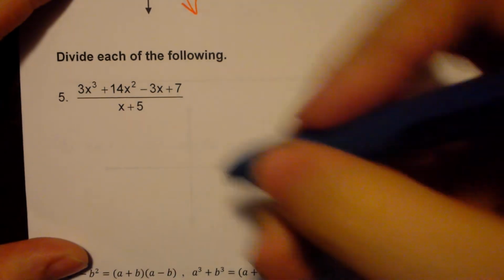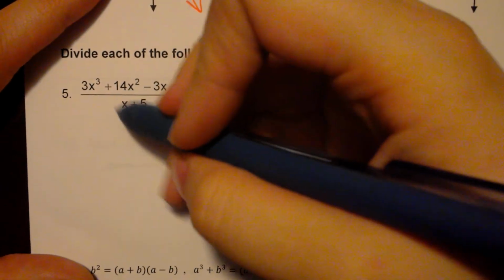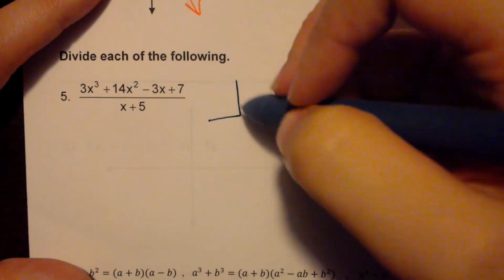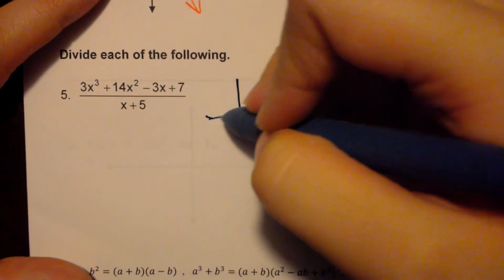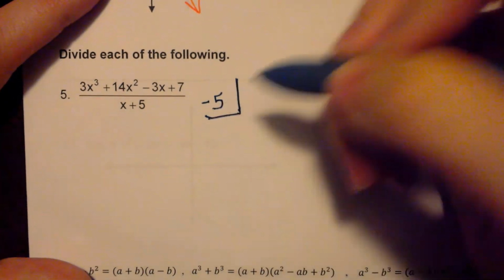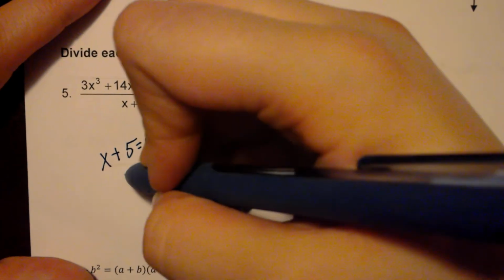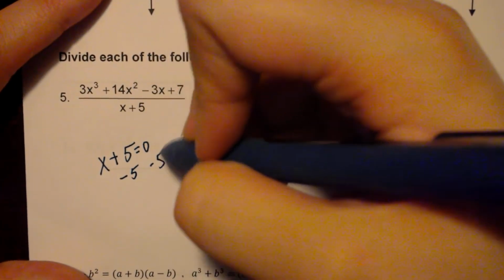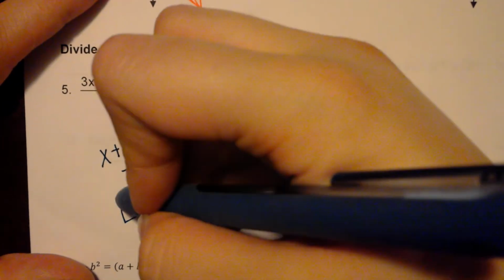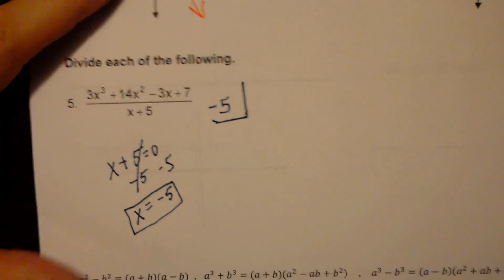So number 5, the division. We said set the denominator equal to 0 to get your number that goes in this box. So x plus 5 equal to 0, so that would be -5. And then we're going to list out our coefficients.